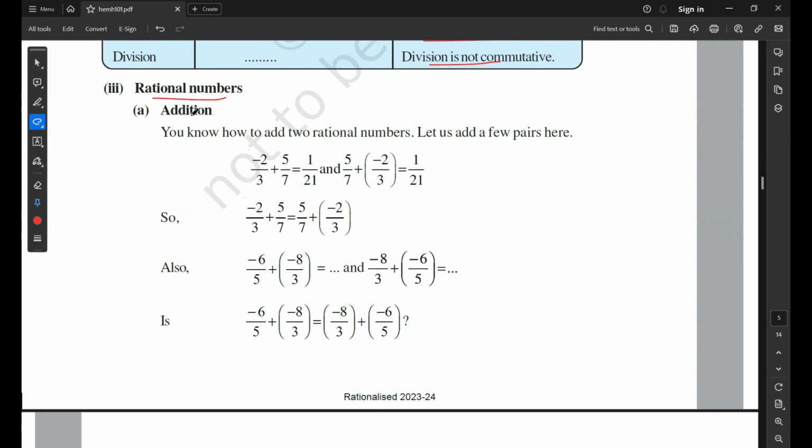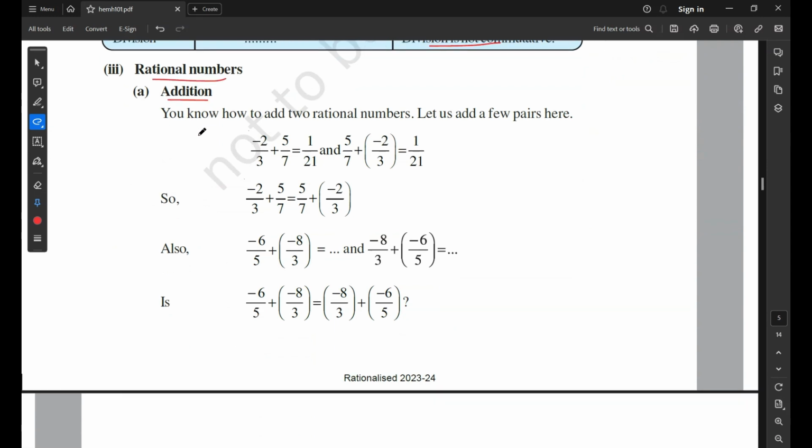Next, for rational numbers, you should know how to add two rational numbers. For adding two rational numbers, take minus 2 by 3 plus 5 by 7. You cross multiply: minus 2 into 7, then the addition symbol, then 5 into 3, and in the denominator you multiply the two denominators, 3 into 7. Minus 2 into 7 is minus 14.